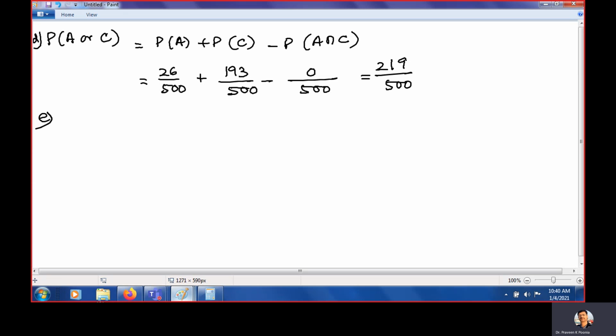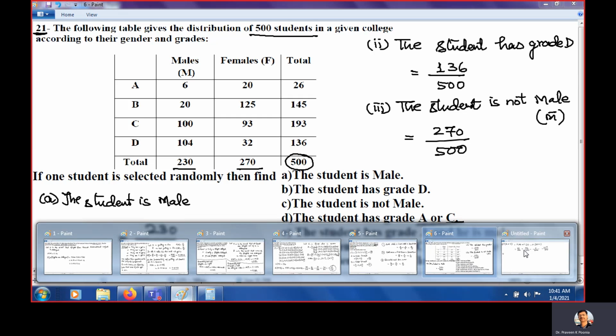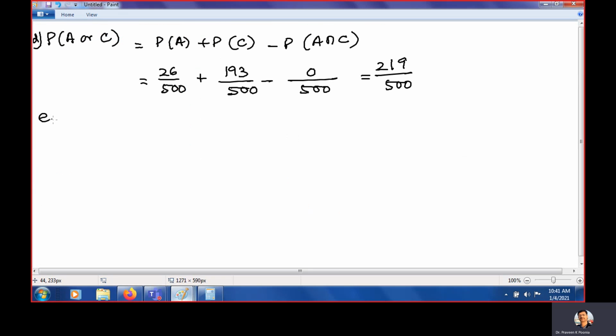Now read question number E. The student has grade A and he is male.